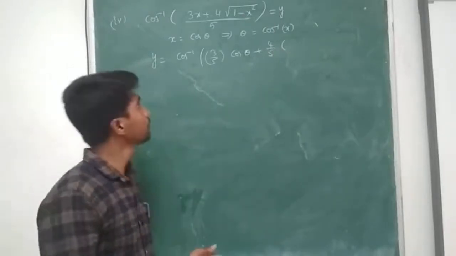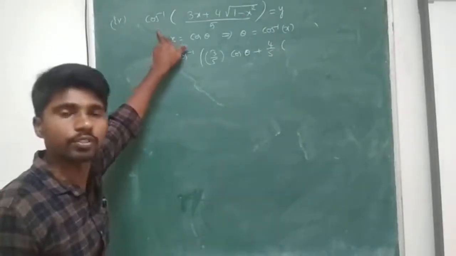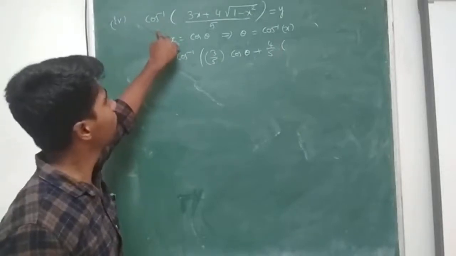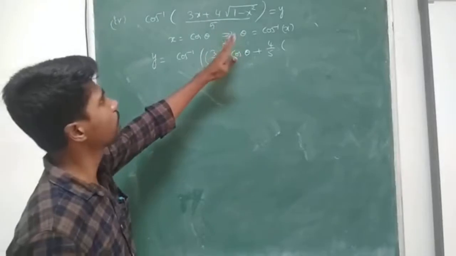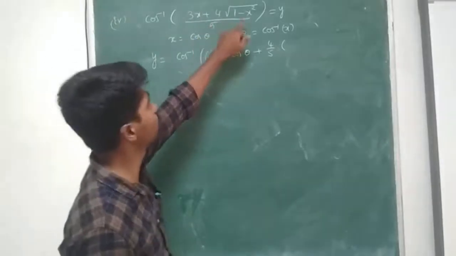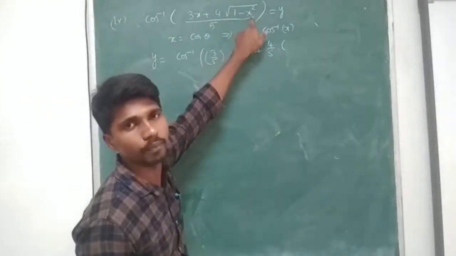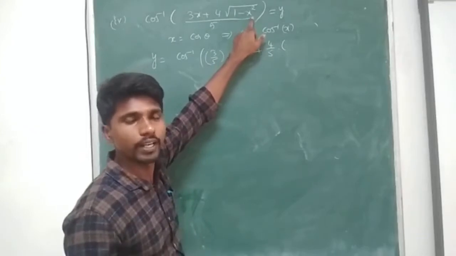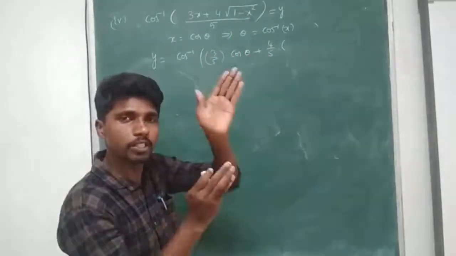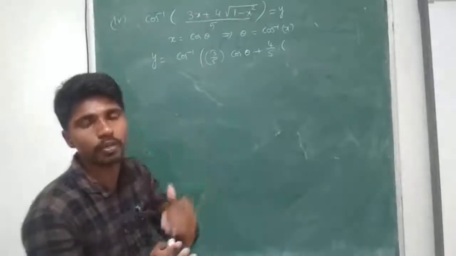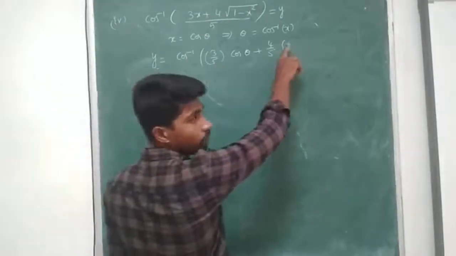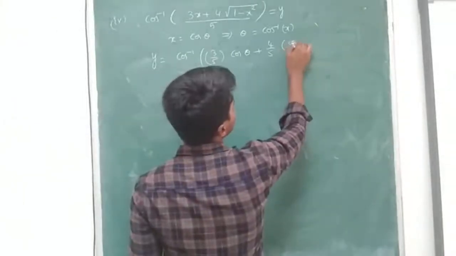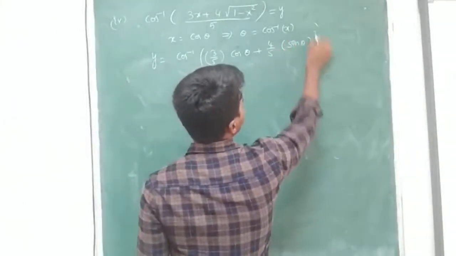In inverse functions, we have to consider where theta exists. 1 minus cos square theta gives sin square theta. We get the region between minus pi by 2 and pi by 2, where sin is always positive. That's why I take only the positive value, which is nothing but sin theta.